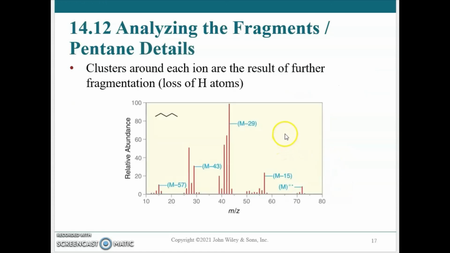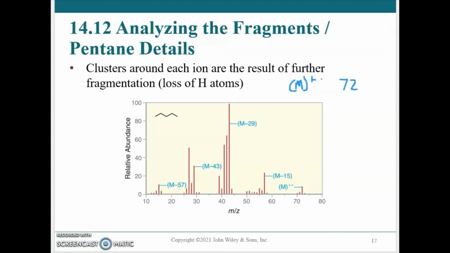So here is the spectrum of pentane again, and we see clusters around each ion. They're the result of further fragmentation, loss of hydrogen atoms. Some of those can be very difficult to interpret, but here we have our molecular ion peak, which is at 72.